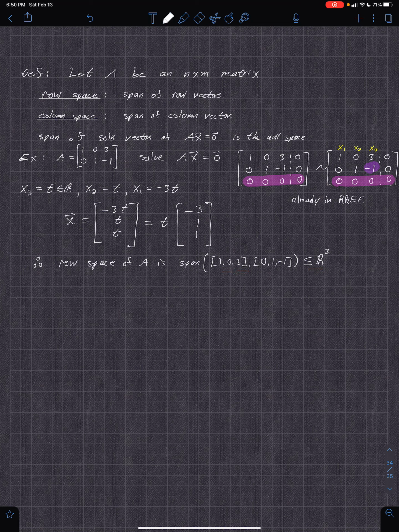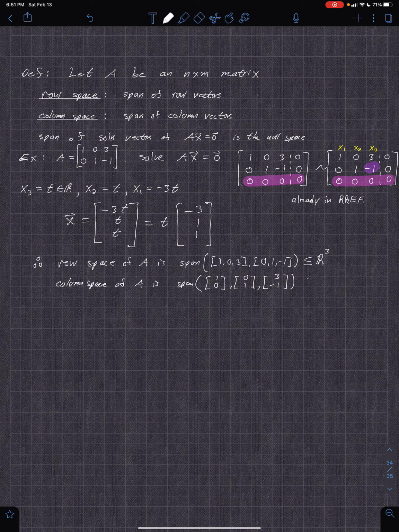Then we have the column space of A, which is the span of those column vectors. So you just put in the column vectors: 1, 0, 0, 1, and 3, negative 1.